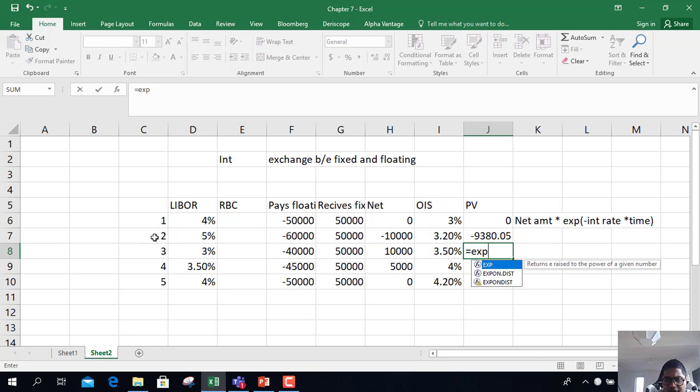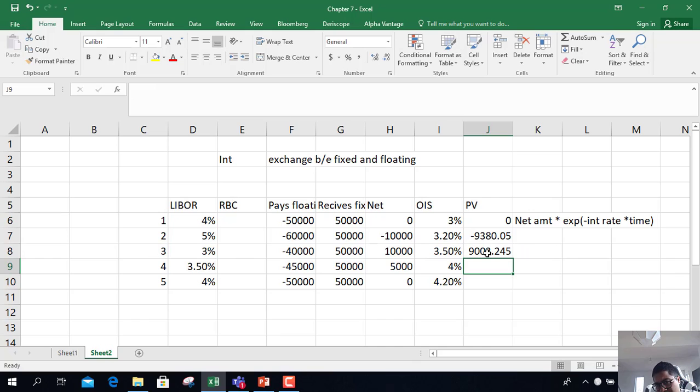Same way, exponential netted amount times exponential negative sign discounting interest rate times time. I'm just dragging it.